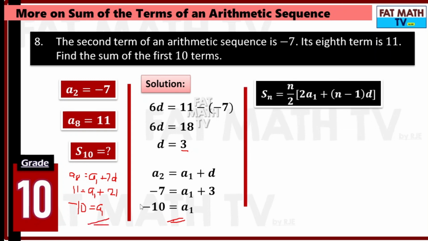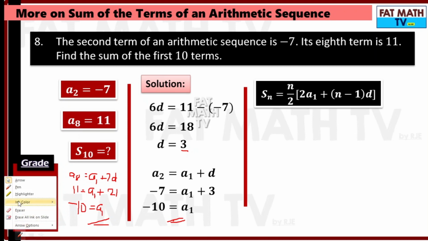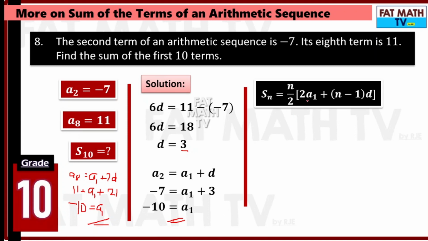Because we need that a sub 1 to solve for the sum. Here, we need a sub 1 and the d. That's why we solved for d first, and then a sub 1. Okay, so s sub 10, the sum of the first 10 terms, is n over 2 times 2 times a sub 1, which is negative 10, plus n minus 1 times d.